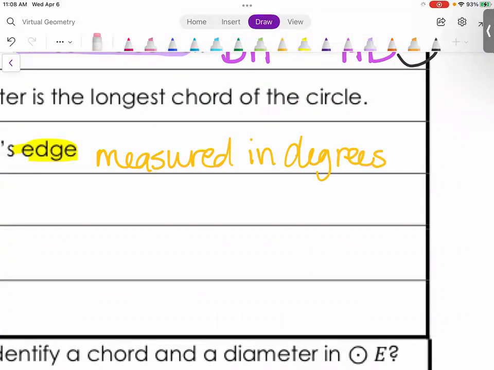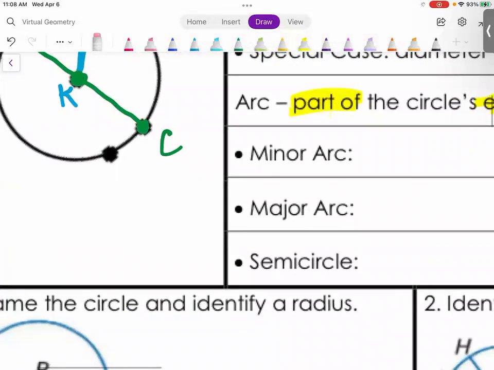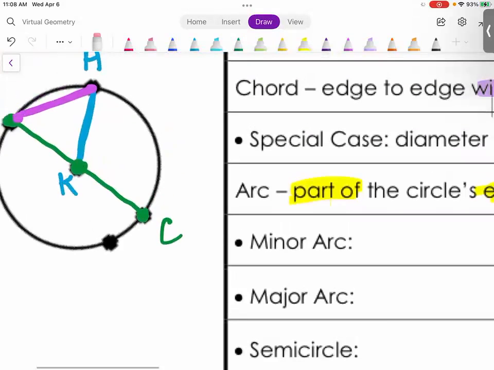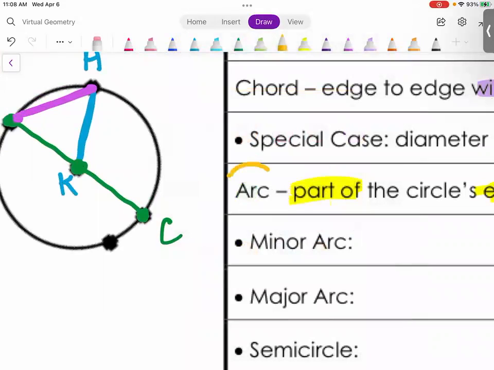And they have a little symbol that goes along with them, and that is to draw a little curved piece over the top. That is our symbol for an arc.